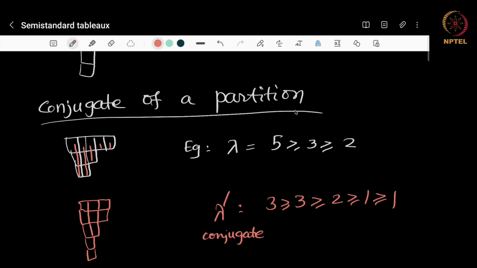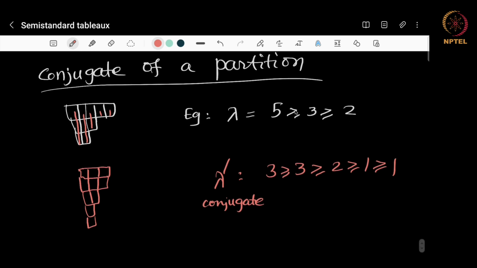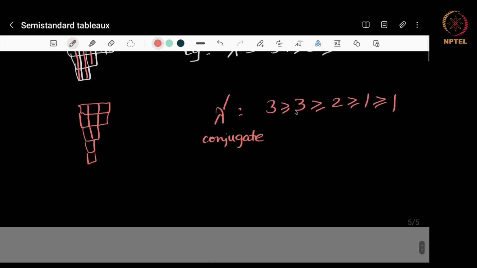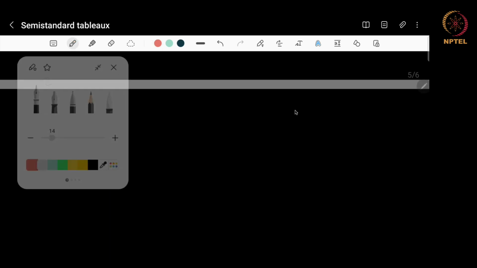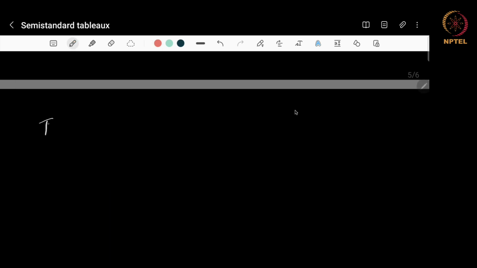Now having defined this, it's easy to see what the second Pieri rule on iteration gives us. The theorem I talked about earlier can be rephrased as follows. Let lambda be a partition of d.